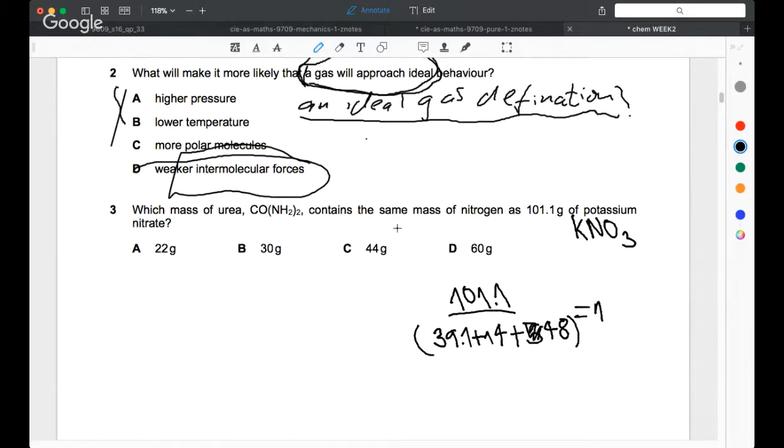So then we would have half of the moles of that for the same mass of nitrogen. And then I would find out the moles of that, then I would know how many moles of that, and then times the Mr of urea. So the number of moles of urea is equal to half of the moles of the potassium nitrate, because it has 2 nitrogen and this has 1. So you just divide by 2.